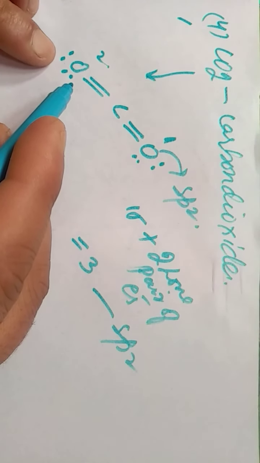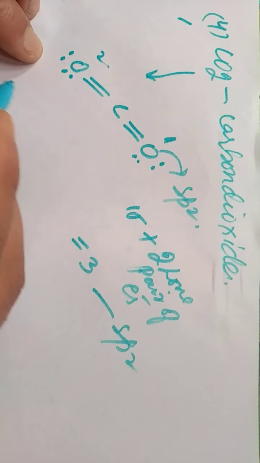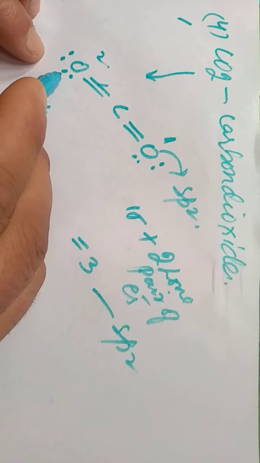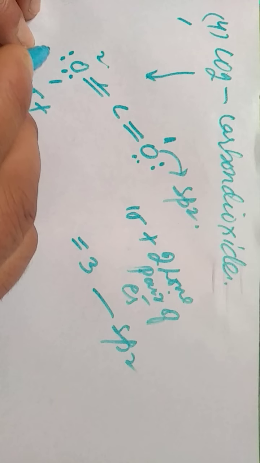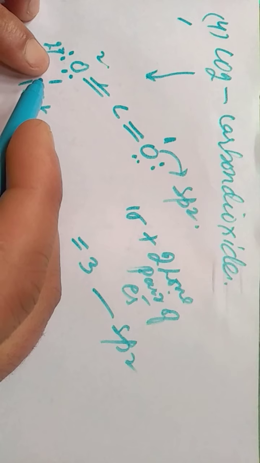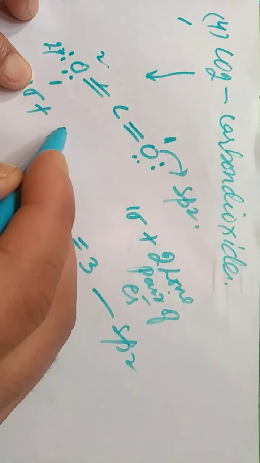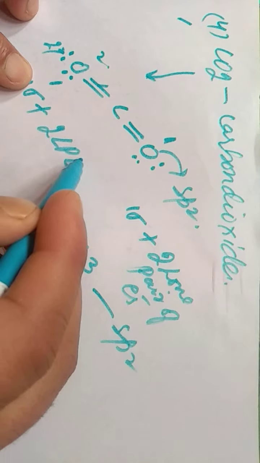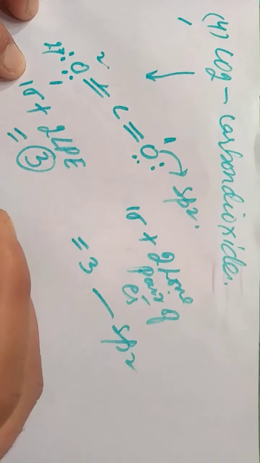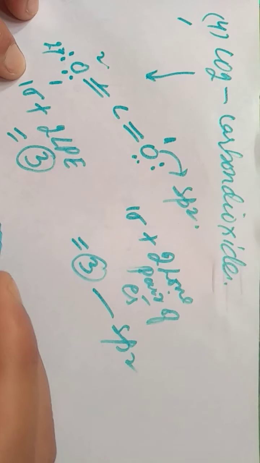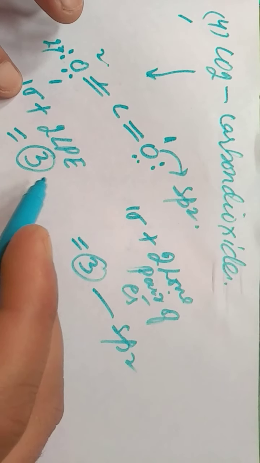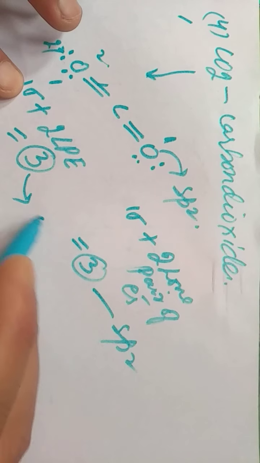Same is the case at oxygen number 2: 1 sigma bond plus 2 lone pairs of electrons. One lone pair is this and another lone pair is this one. So the number comes 3, right? So if the number comes 3, then what type of hybridization is here?